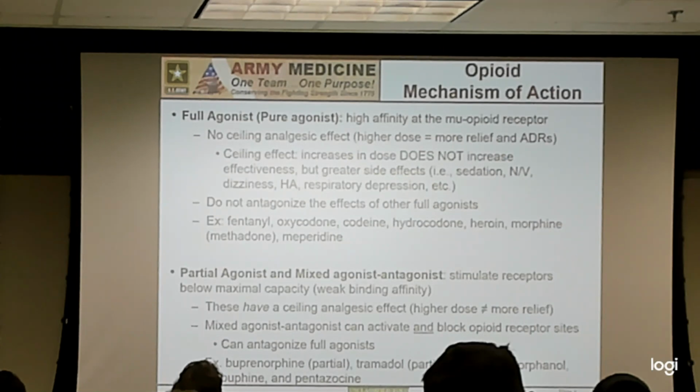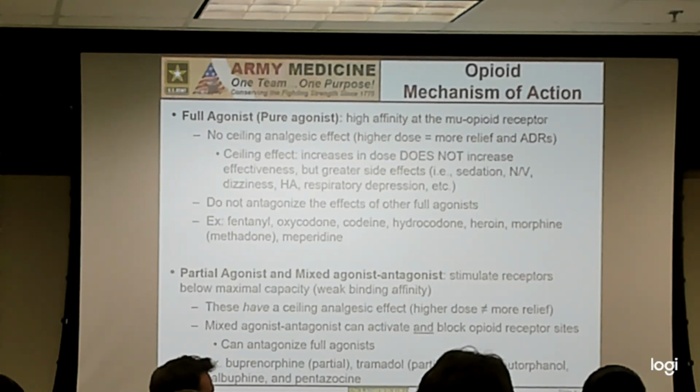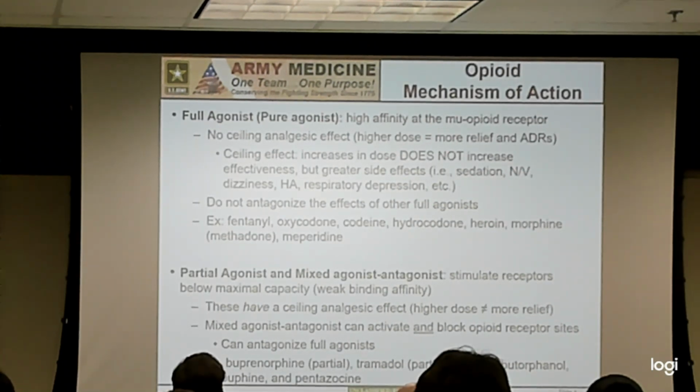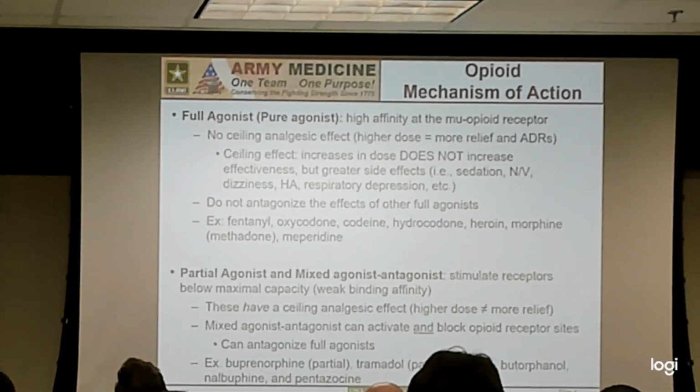So a ceiling effect means that if you increase a dose, the effectiveness of the medication does not increase. That is if something does have a ceiling effect. What we're saying with our full agonist is there is no ceiling effect, okay? So the higher the dose, you are getting more effectiveness, more relief.